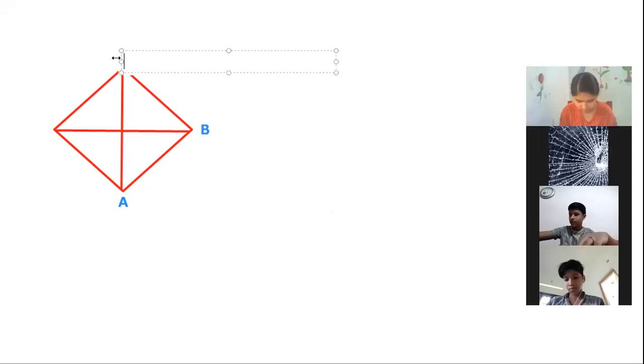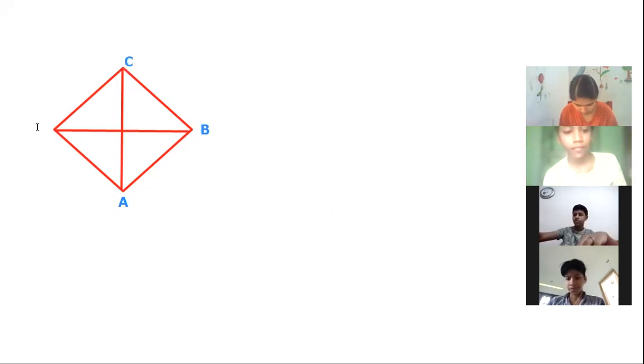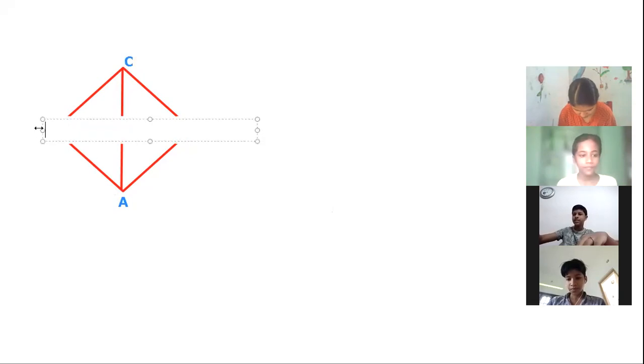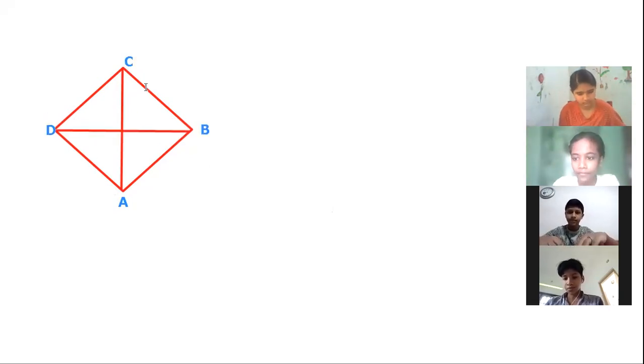ABCD. Did you all draw a rough figure? Okay, we have the rough figure of quadrilateral ABCD.